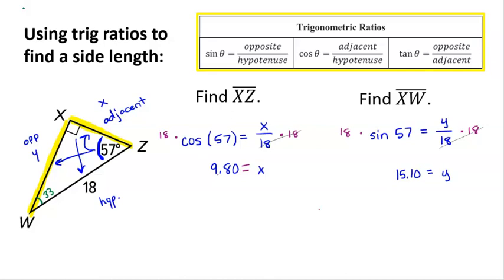And then 18 would become my hypotenuse. And so I would have opposite and hypotenuse, that's sine. So sine of 33 would give me x over 18. And then I would do the same thing with this one.